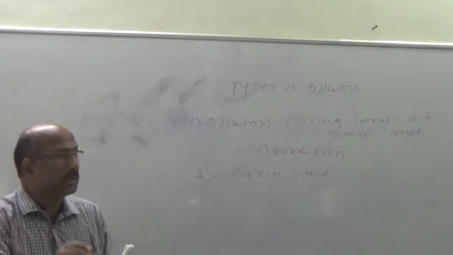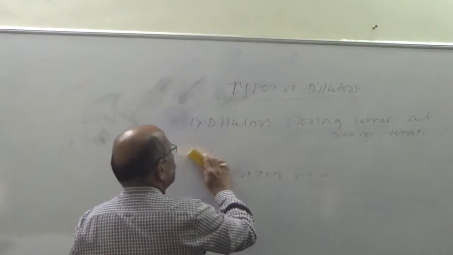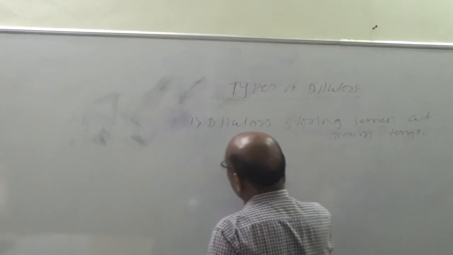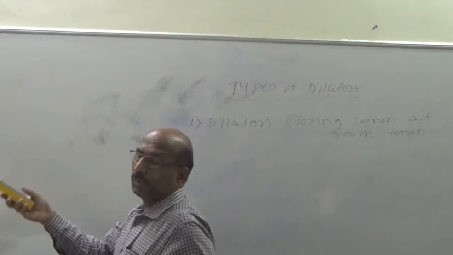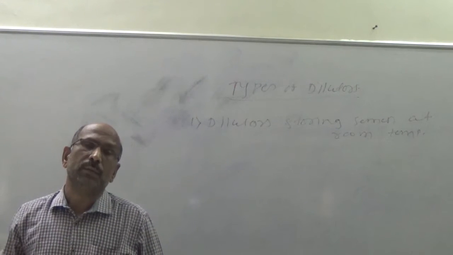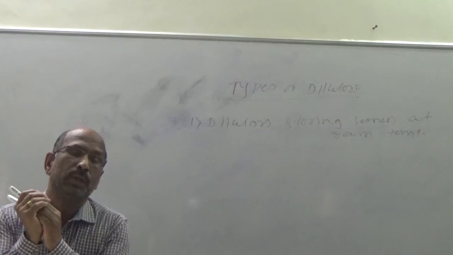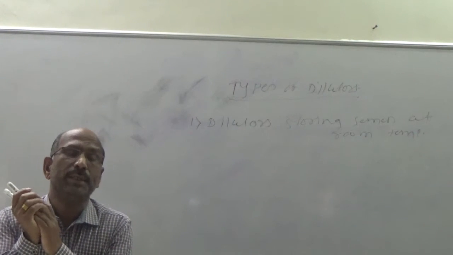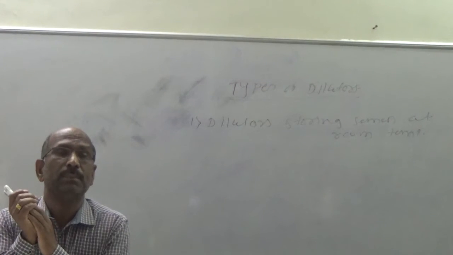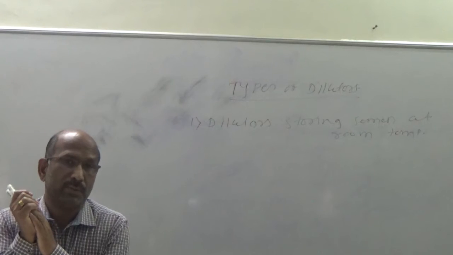The first are the diluters used for the preservation of semen at room temperature. In this, the semen is preserved at room temperature, about 25 to 27 degrees centigrade, and the semen can be preserved for 4 to 7 days.